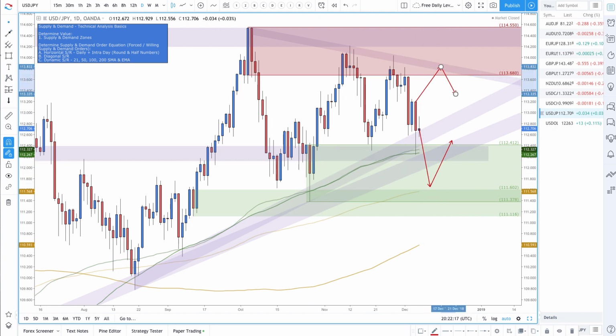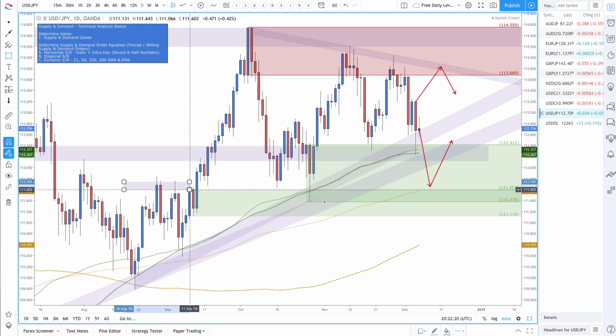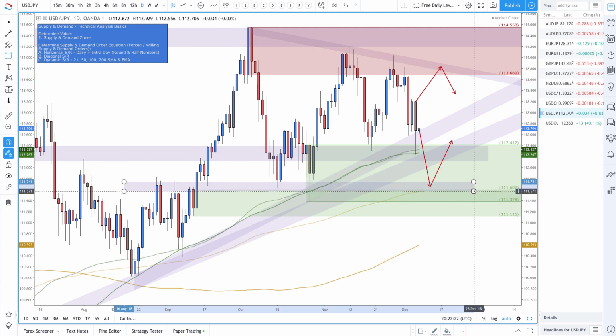And in fact, I think there's a level here as well, where you've got resistance, resistance, resistance, support, support, a bit of support there as well. So around this 111.6 area, there's going to be some next potential area to look to get long as well. If you're not going to get long here, then down here.